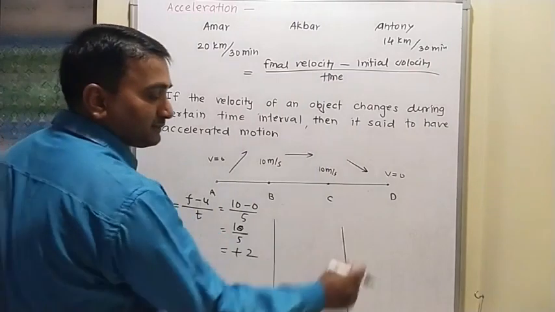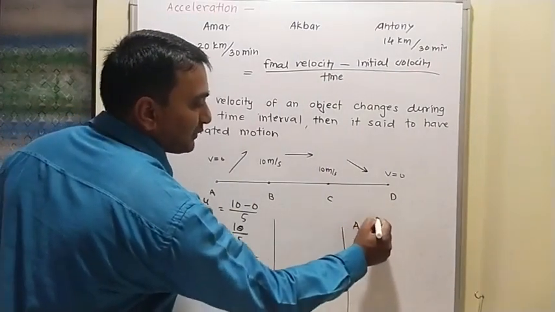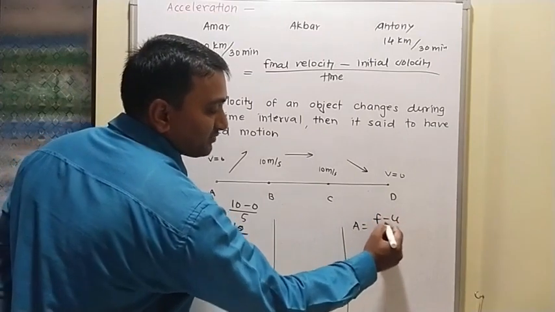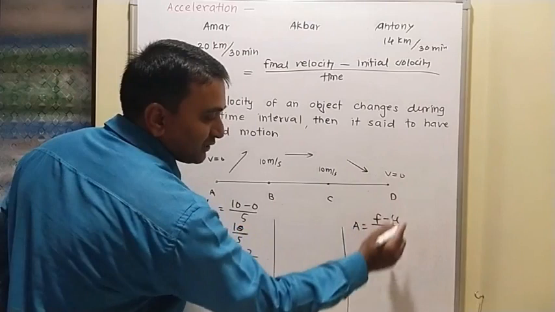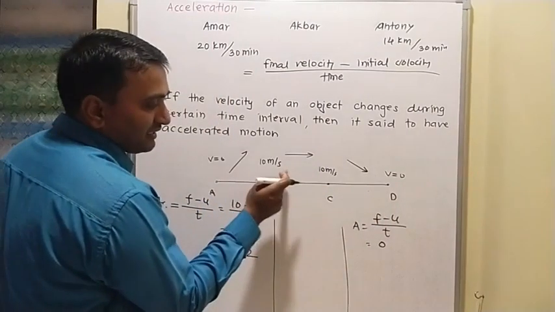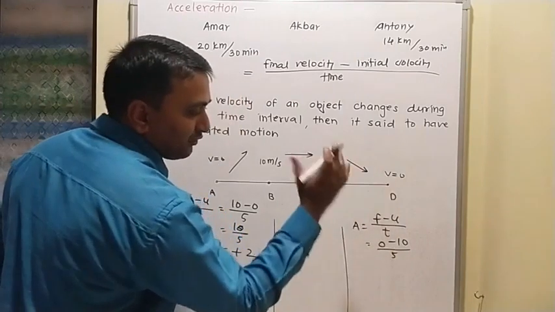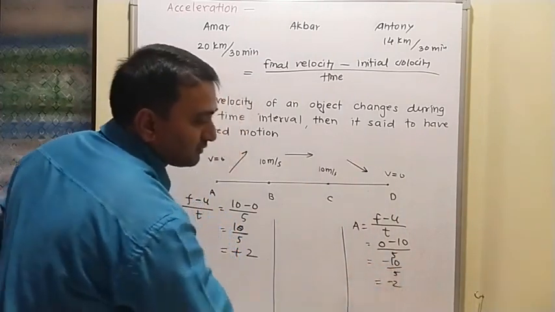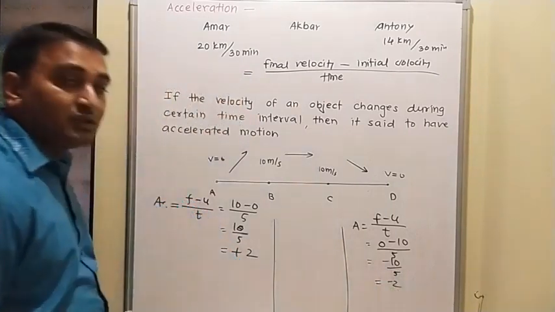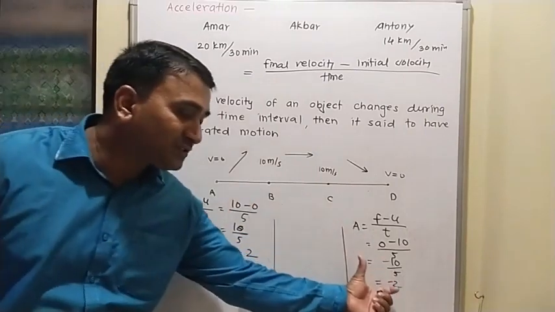But what about here? Acceleration is equal to final velocity minus initial velocity divided by time. So final velocity is 0 and initial velocity is 10, divided by 5 seconds. Here also 5 seconds. So minus 10 divided by 5, so the answer is negative 2. So acceleration may be positive, acceleration may be negative.